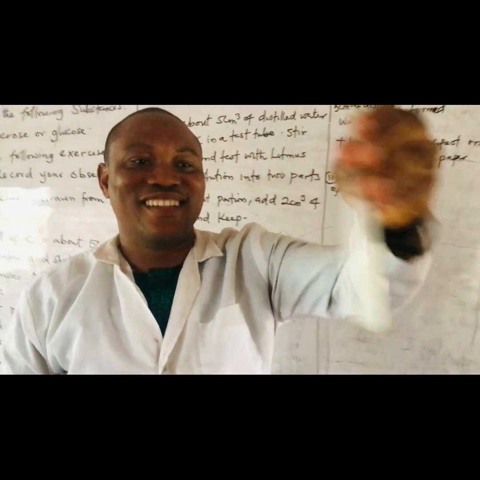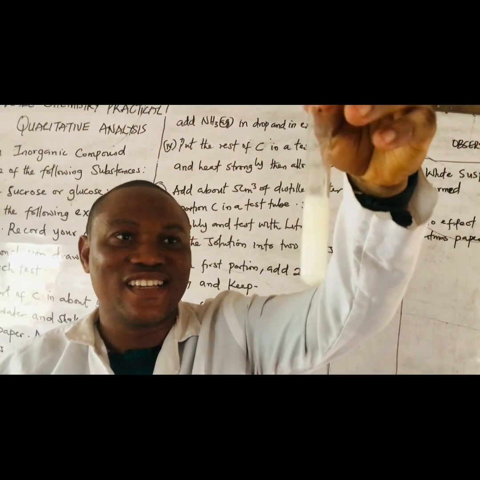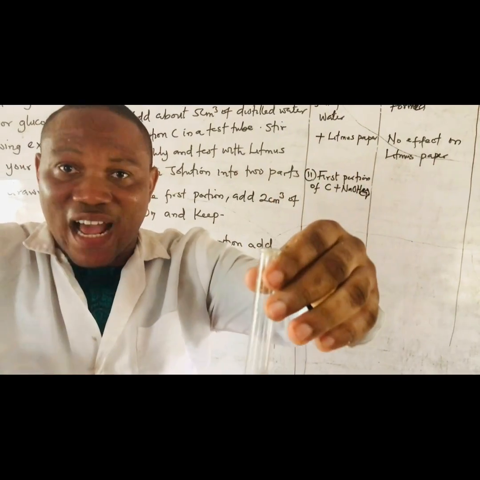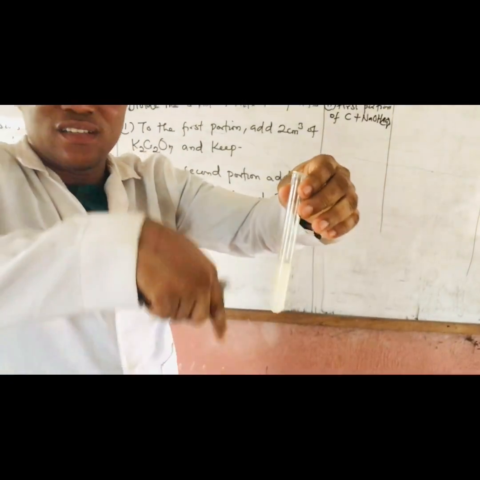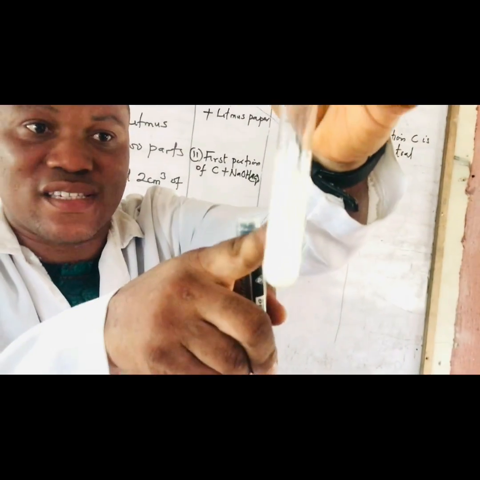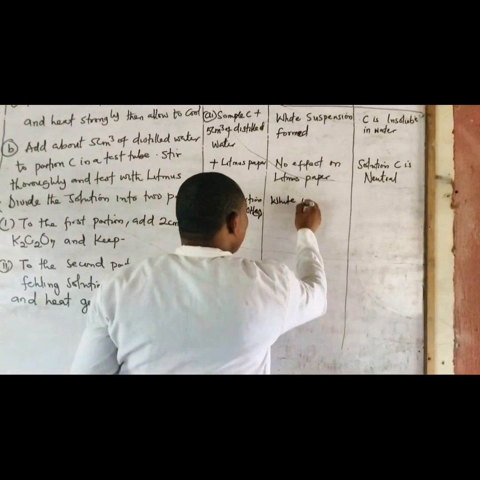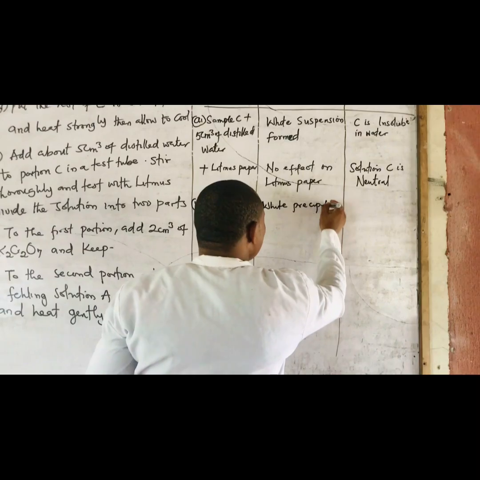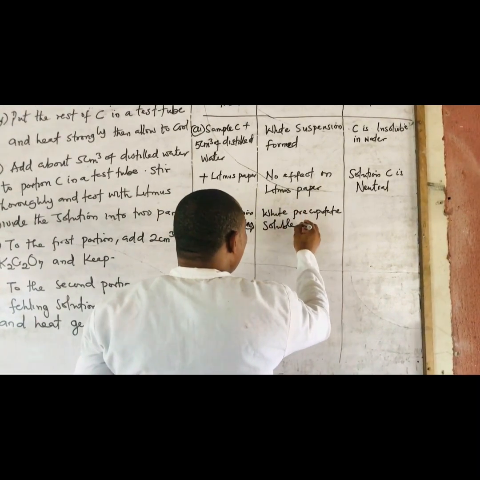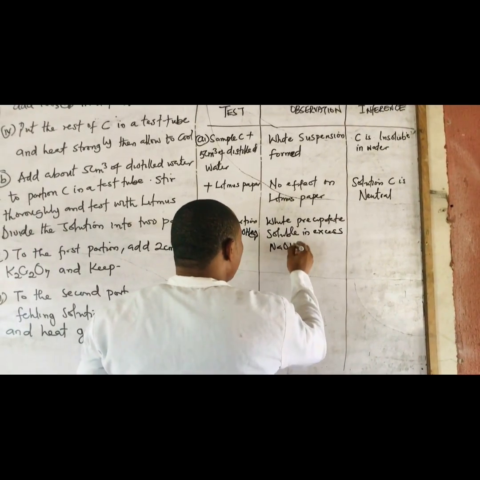Chemistry is interesting. Can you see what is happening now? Dissolving. You can see it dissolved immediately I added sodium hydroxide. It dissolved that very particular solution. So what is my inference? And a white precipitate. Am I right? Yes. White precipitate, soluble in excess sodium hydroxide.